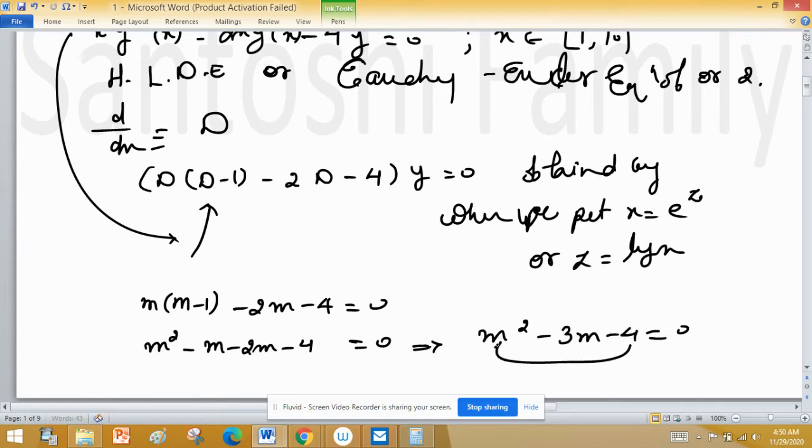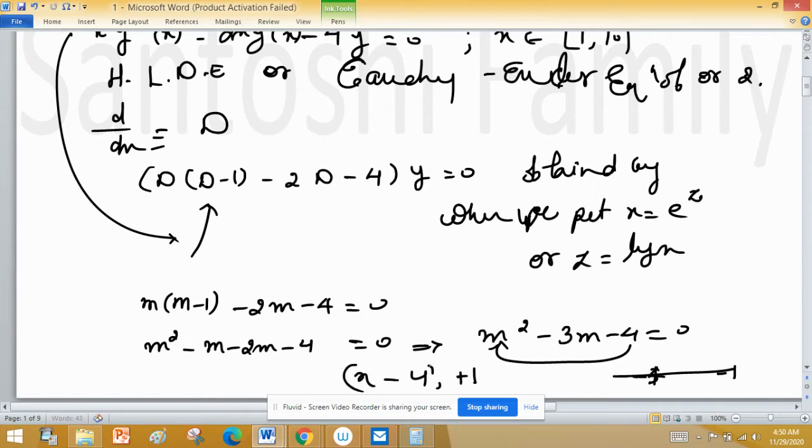Factorizing, 4 times 1 is 4, and the difference is 3, so minus 4 and plus 1.